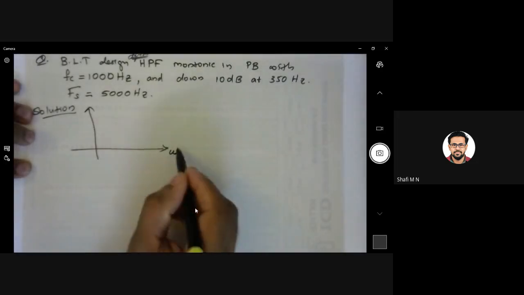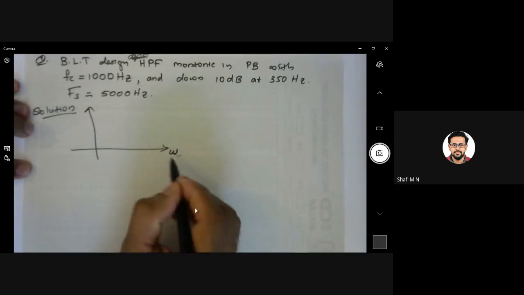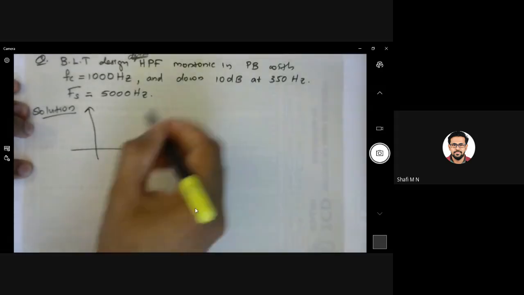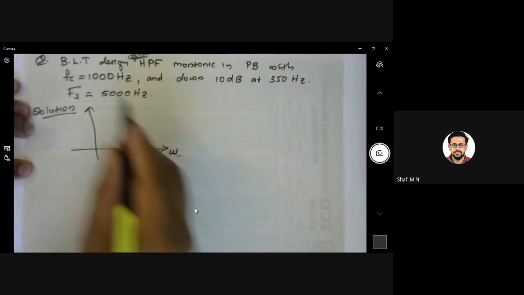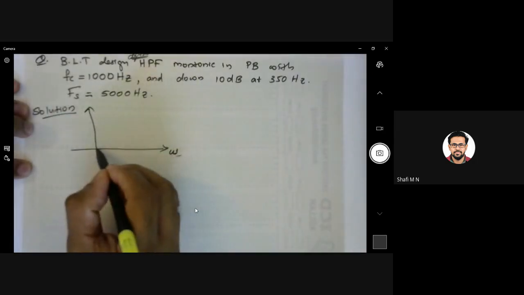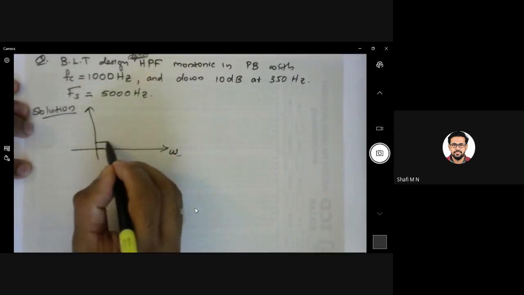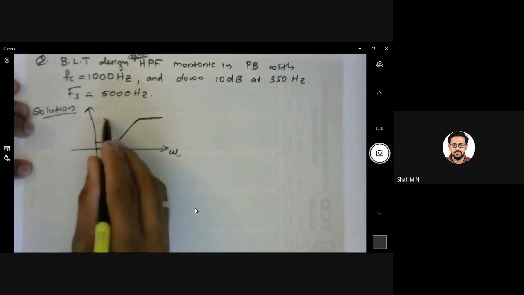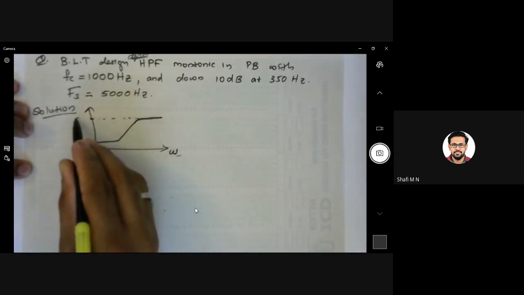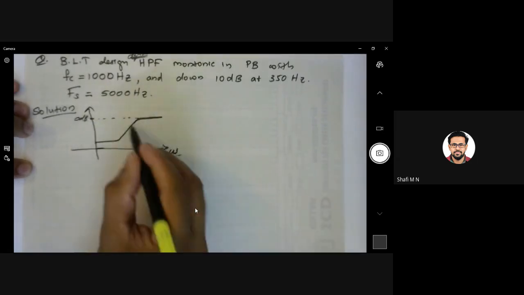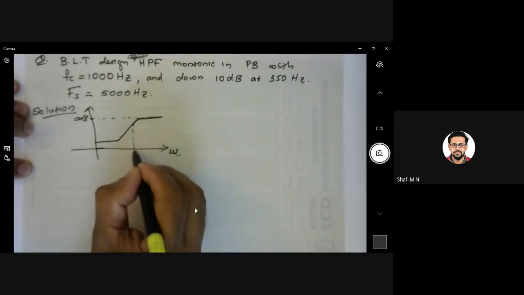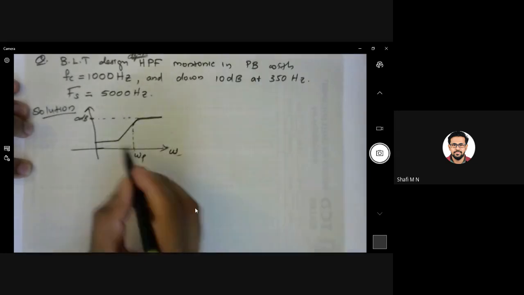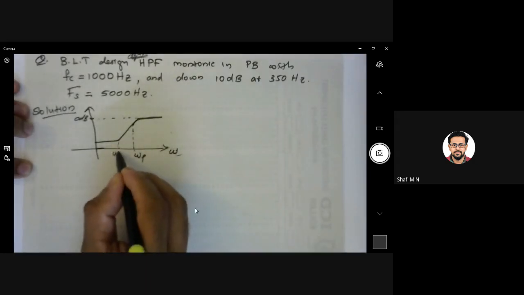So there should be no confusion between omega and capital omega. Digital and analog, I used capital omega. Digital frequencies are given to me. So he is asking me to design a high pass filter. So low frequencies are attenuated and high frequencies are passed. So this is how the response looks like. Let it be 0 dB. This is 0 dB. So somewhere here you will have your omega p. This is the pass band, so the pass band edge, and somewhere over here you will have the omega s.